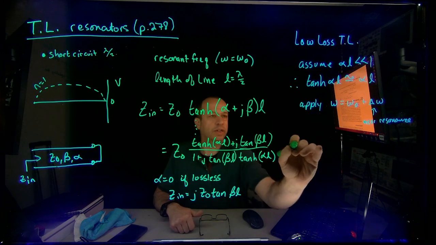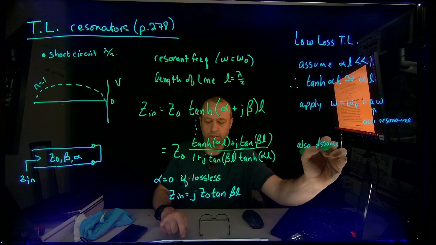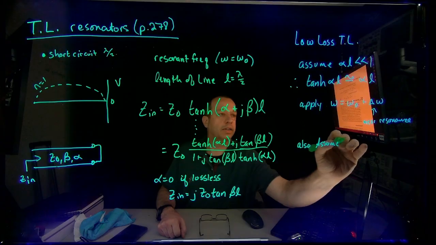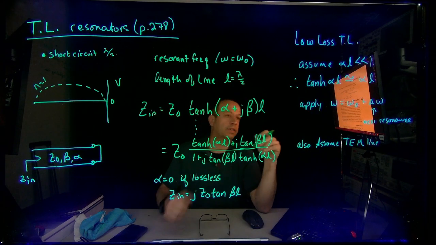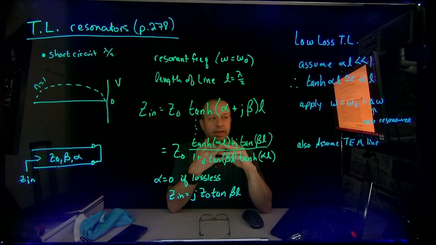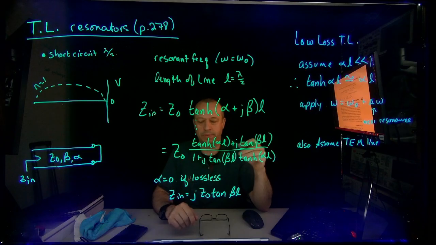We also need to assume that this is a TEM line, meaning it has electric and magnetic properties. So TEM, not TE, not TM, but a TEM line.